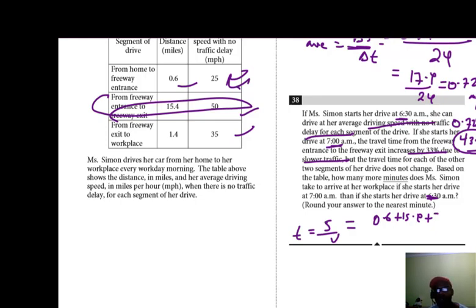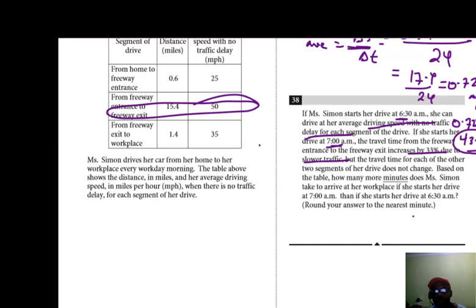No, we don't have to calculate this one. Since we're working only on this section, because it is this section that makes the difference. The other two are the same. So let's find here the time. Time is equal to distance over speed.